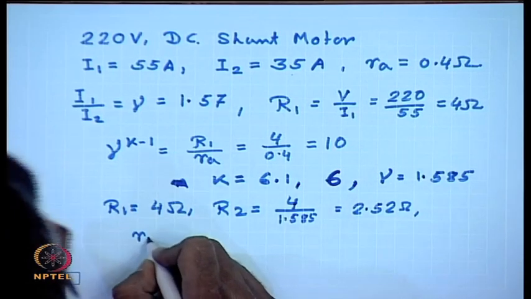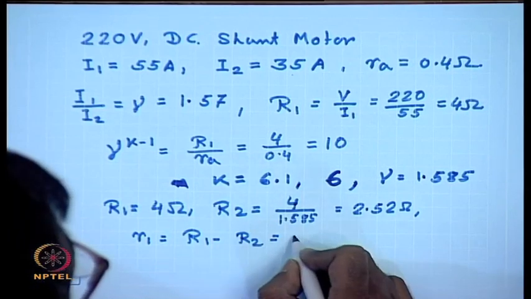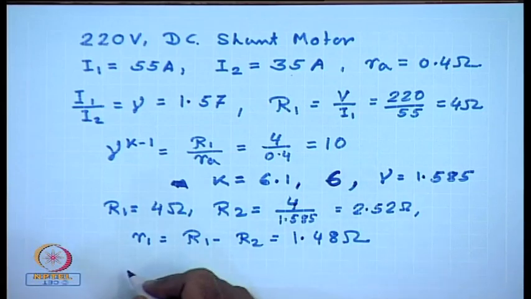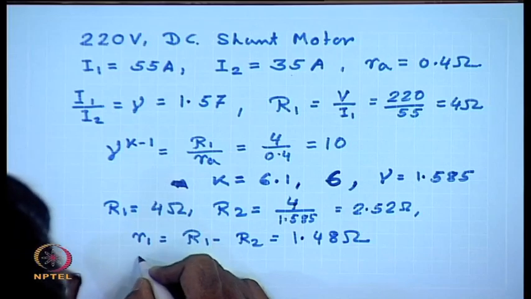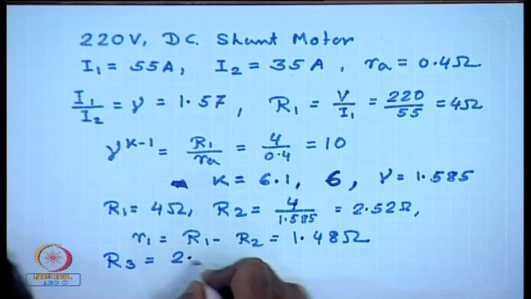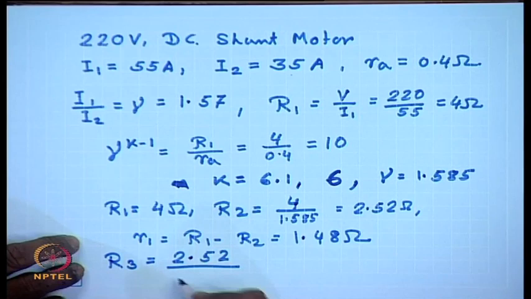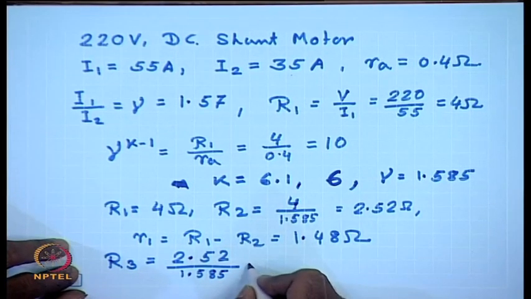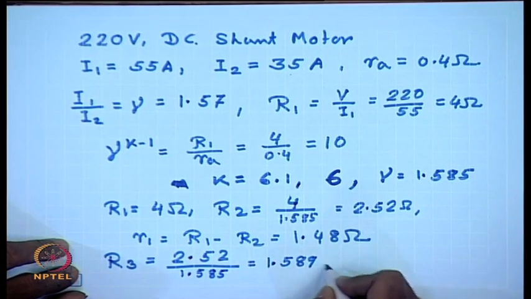So, small r1 equal to R1 minus R2 equal to 1.48 ohm, R3 equal to 2.52 divided by 1.585 equal to 1.589 ohm.